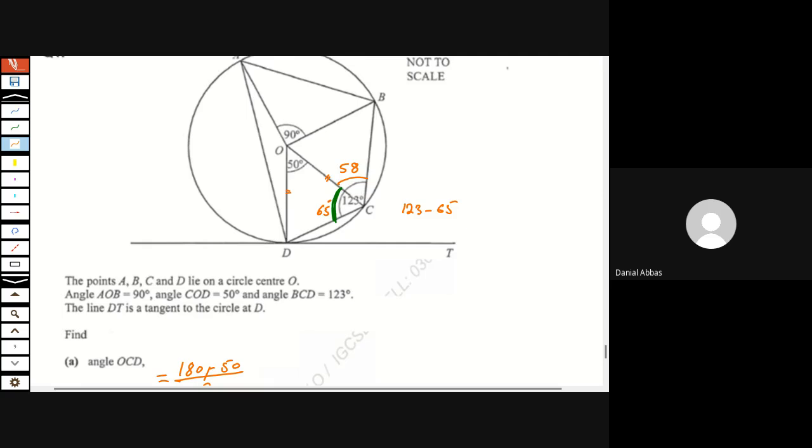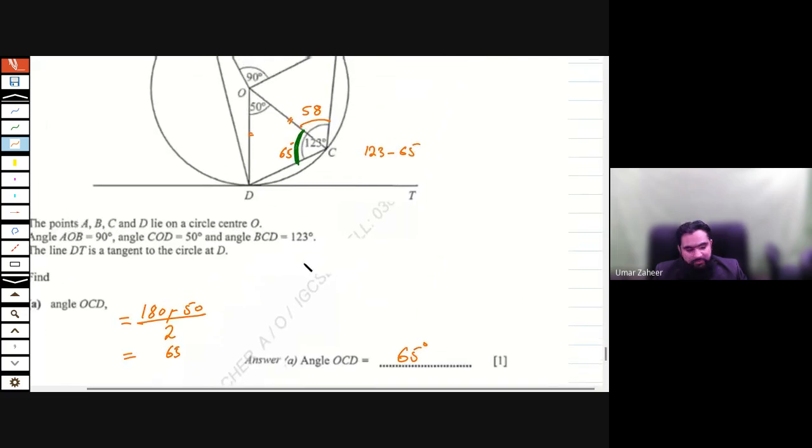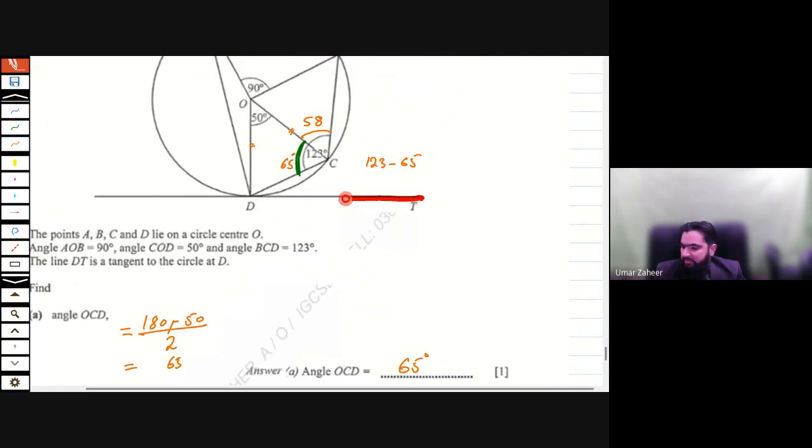Yes, sir. Okay. In the next part, he says that you have to find the angle TDC. TDC means this is the angle that we need to find. Yes, Ariba, how can we find this one?